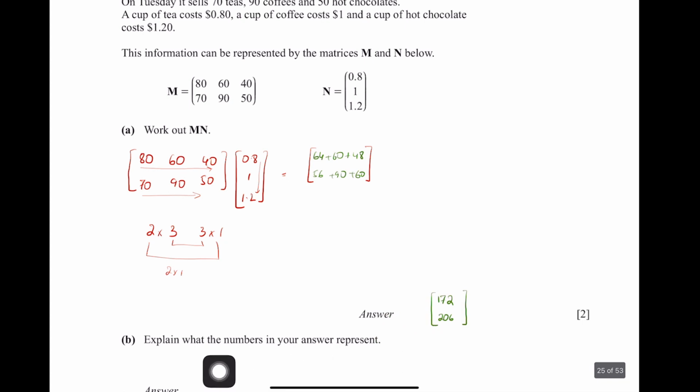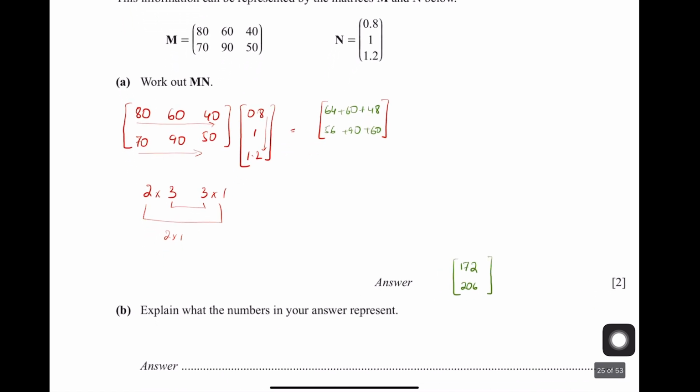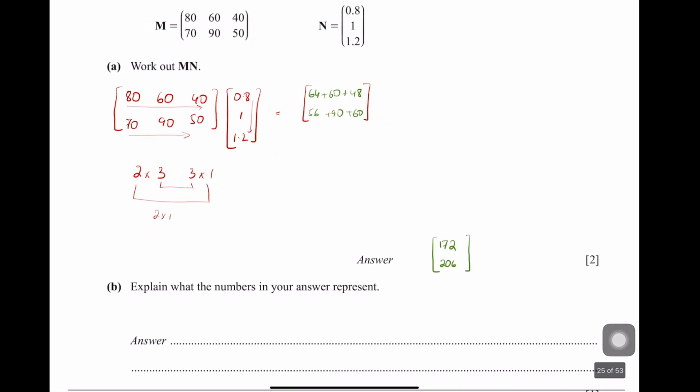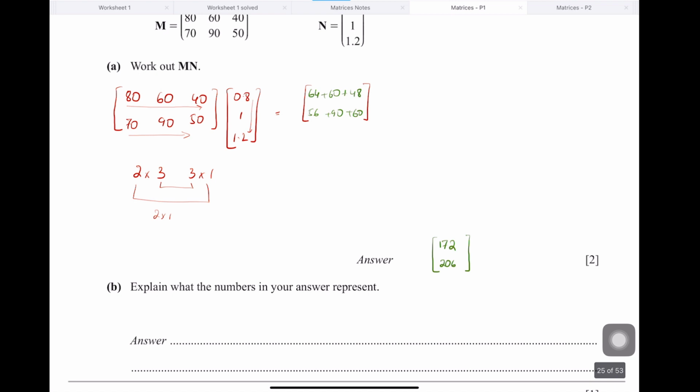So what do you think these numbers are representing? These are representing the total income. Yes. So 172 and 206 basically represent the total revenue or income on Monday and Tuesday.